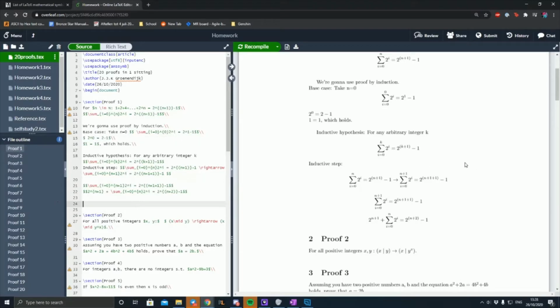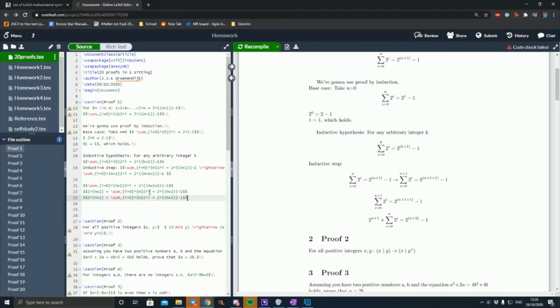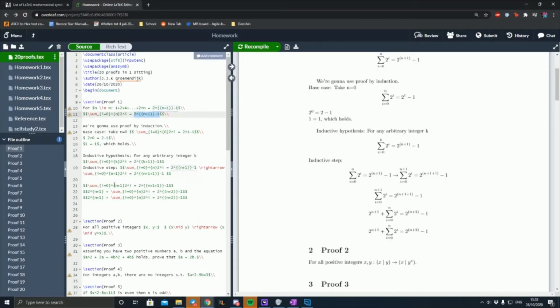But yeah, because of the inductive hypothesis, we know that this thing, the sum of i to n from 2i, is actually equal to this. So that means I can copy this and replace this with this.